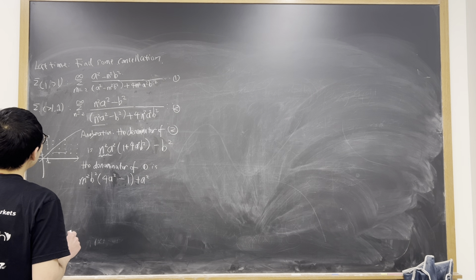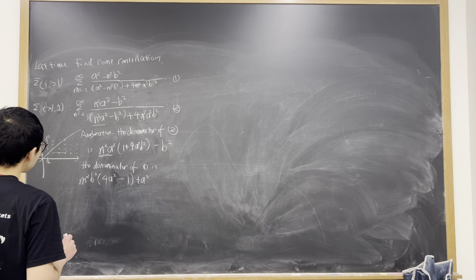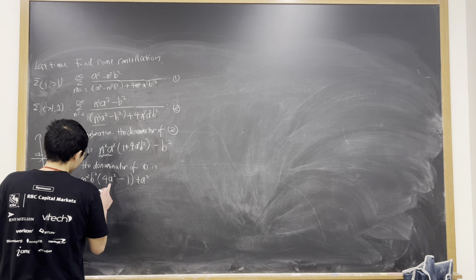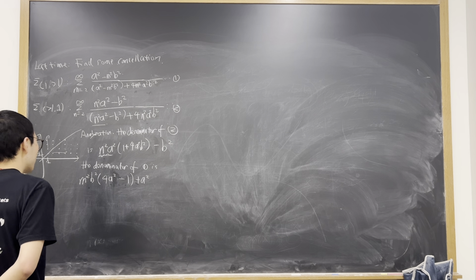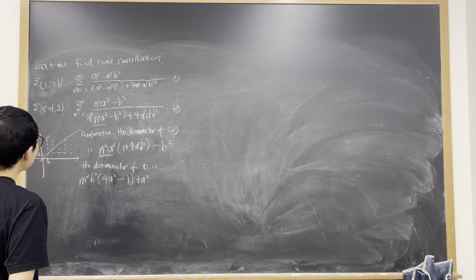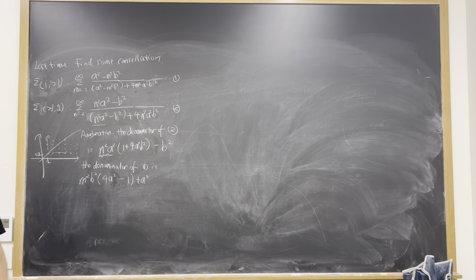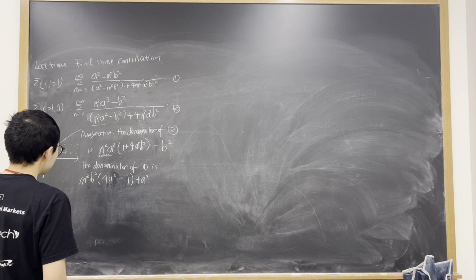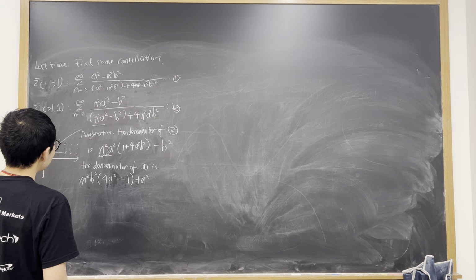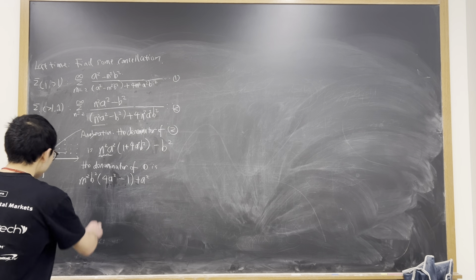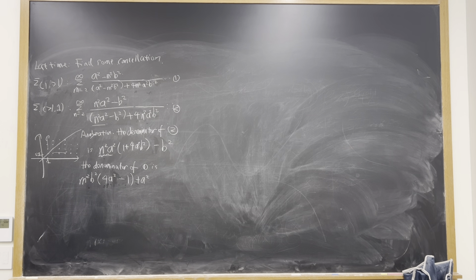So I feel like in this case, let's consider the case where 4a squared minus 1 is positive, in the sense that this thing is also positive.